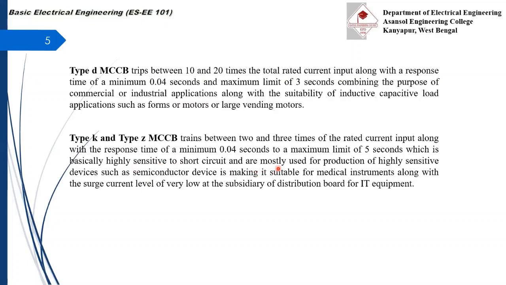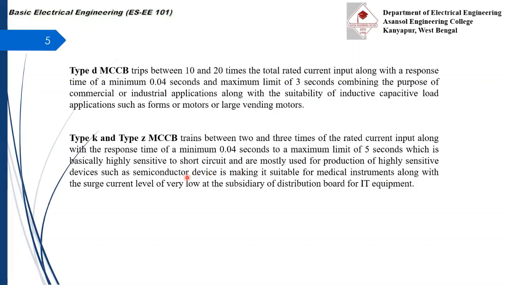They are mostly used for protection of highly sensitive devices such as semiconductor devices, making them suitable for medical instruments, along with very low surge current levels at the subsidiary distribution board for IT equipment.